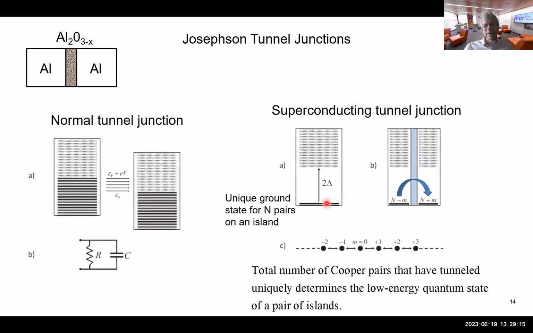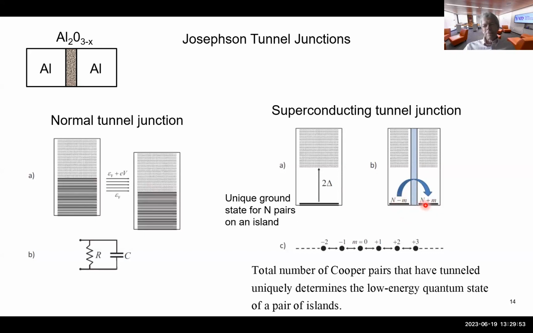The details don't matter. And then the excited states, instead of being a continuum like they are in a normal metal, there's a gap called 2 delta, and then the continuum. So in other words, the ground state is unique and non-degenerate.